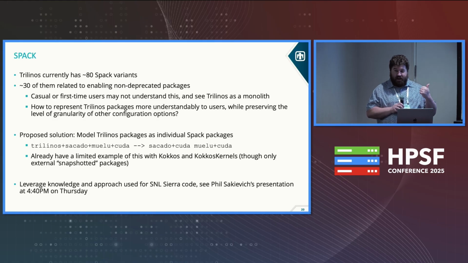So doing it with internal packages is a little bit more complicated, but we have pretty good confidence that this is going to work. The SNL Sierra code, the multi-physics code, is using this exact approach where they maintain one mono repository still for compatibility and interconnection, but they model the Spack packages separately. So we're leveraging work from that. Joe's actually the one doing this work if anybody has specific questions. But Phil is going to give a pretty detailed presentation about that tomorrow at 4:40.